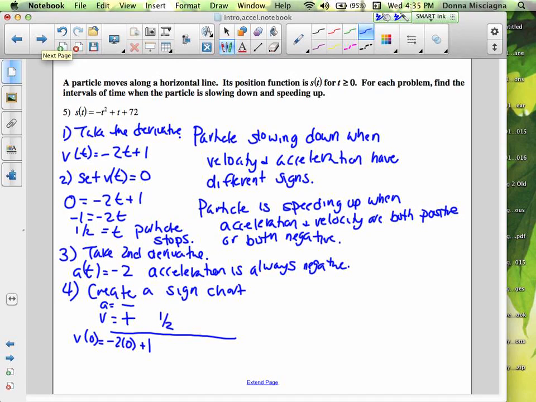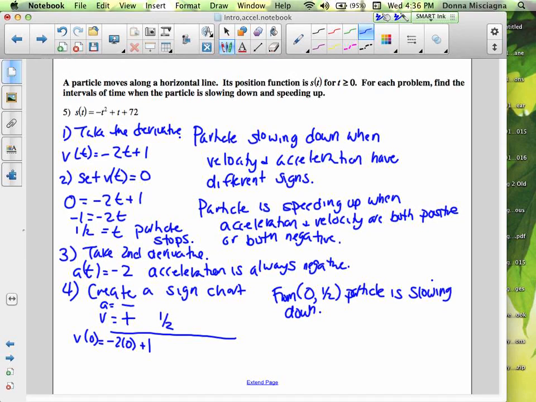Right, so what's happening from 0 to 1/2 of a second? Our particle is slowing down. Okay. So from 0 to 1/2 a second, the particle is slowing down. Those velocity and acceleration have different signs.